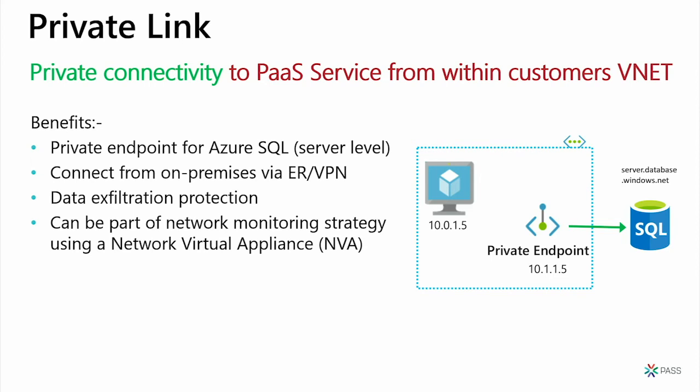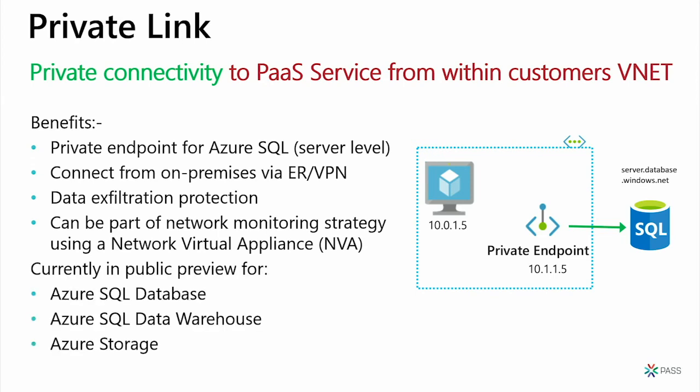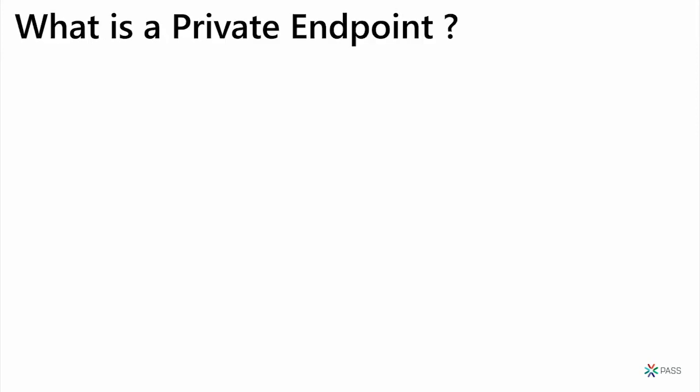It gives you good data exfiltration protection because that private endpoint maps to only one logical SQL server. So if that's compromised, you know it's only linked to one server, versus when you come in through our public endpoint, where you have a shared control plane. And again, it's an IP address at the end of the day, so it can be part of your network monitoring story. It's in preview for these services, and many more are coming in the short term.